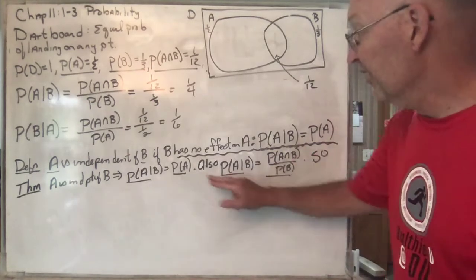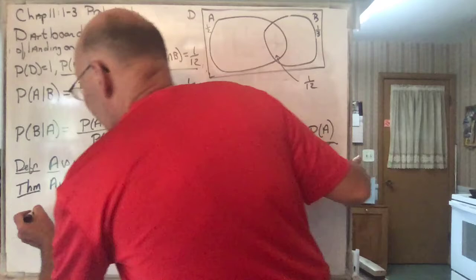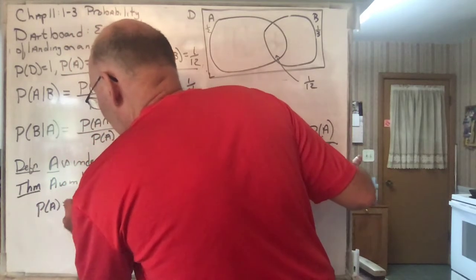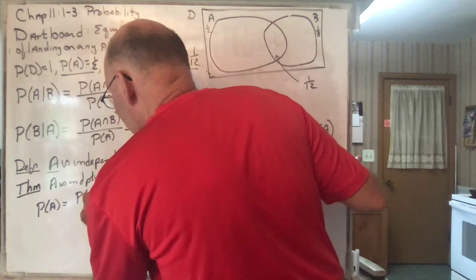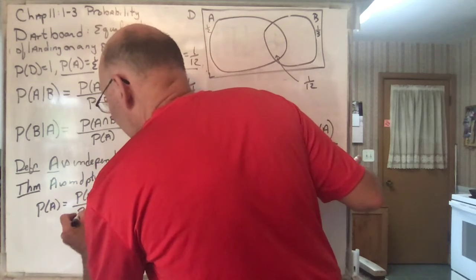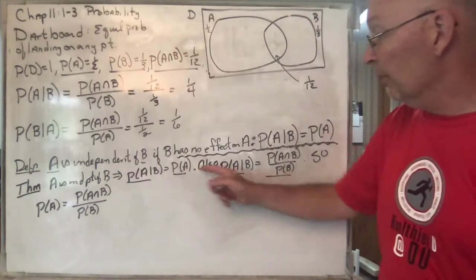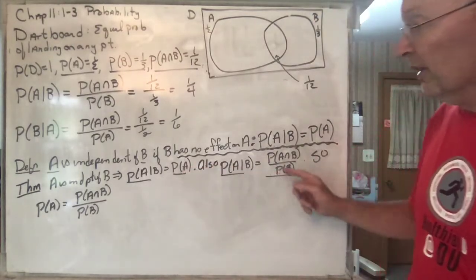So, since this thing is equal to both of them, what do I have? I have the probability of A is equal to the probability of A intersect B divided by the probability of B. See that? These two things are both equal to this, so they're equal to each other.